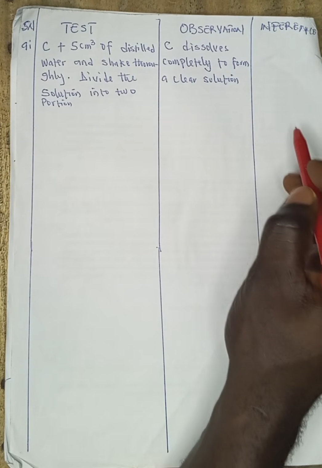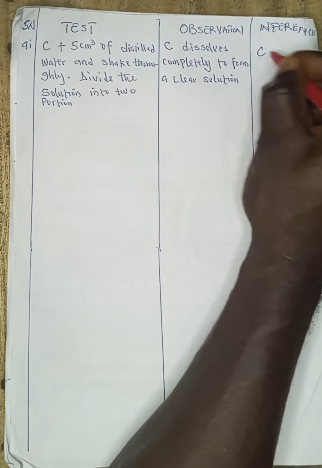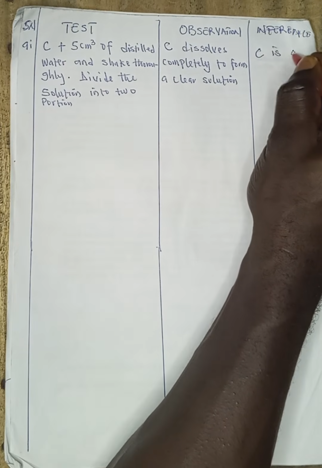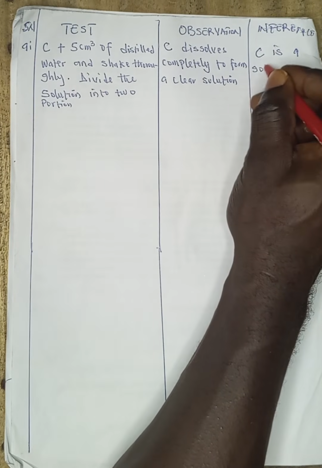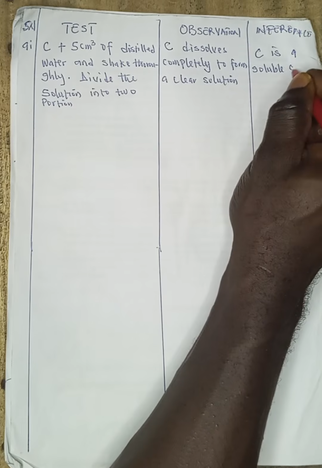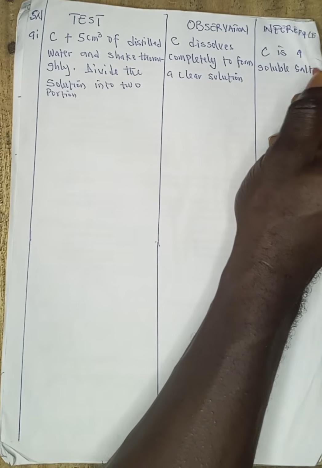In your inference now, you say C is a soluble salt. Take note of that. C is a soluble salt.